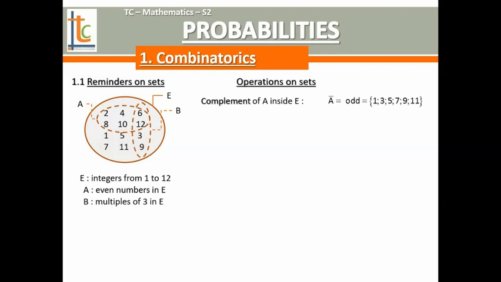Now let's intersect 2 sets. The intersection of A and B will be denoted A ∩ B. It's the set that contains the common elements of A and B, so 6, 12.